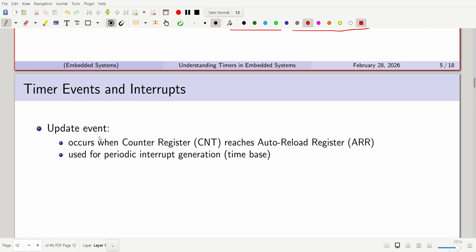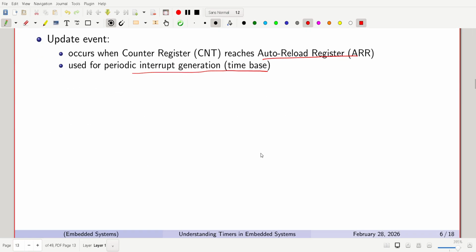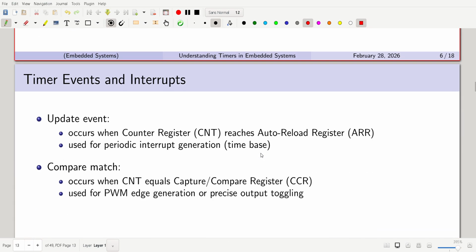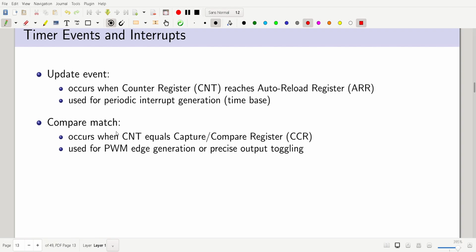An update event occurs when the counter register reaches the auto reload register, and is used for periodic interrupt generation, the time base. A compare match occurs when CNT equals the capture and compare register, used for PWM edge generation or precise output toggling.